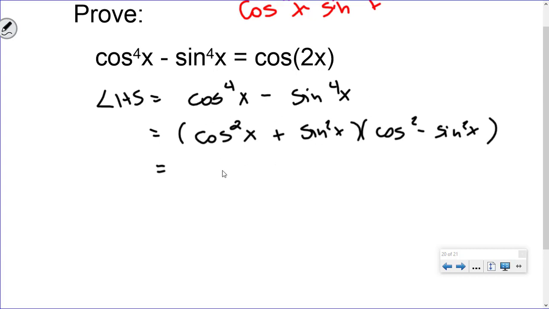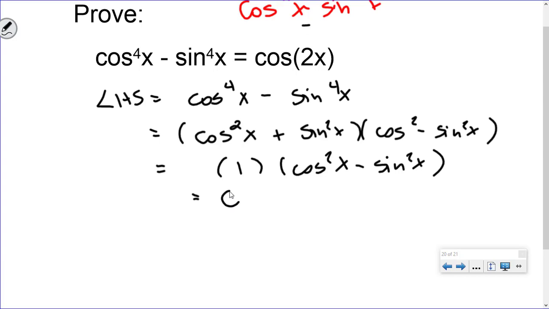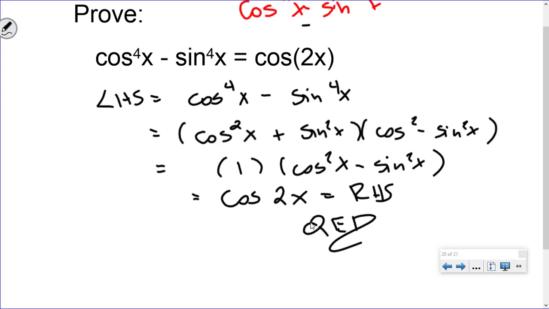Right, this thing right here is 1, so 1 times cos squared x minus sine squared x. Now, what is cos squared x minus sine squared x? That was the identity we decided it would probably end up being, so it is cos 2x, which is the right-hand side. QED. Is that okay?